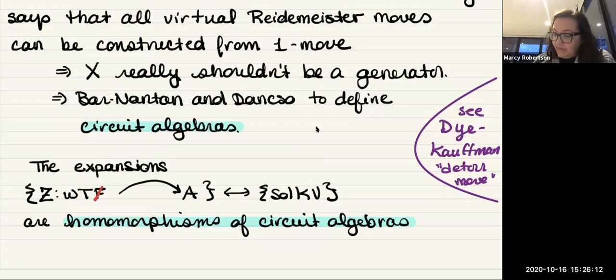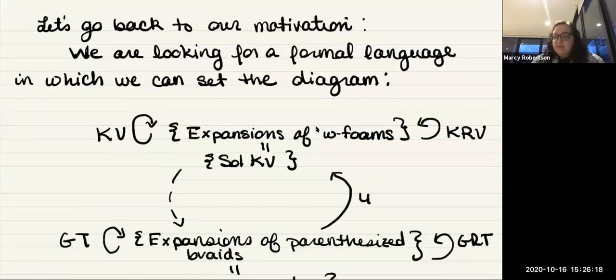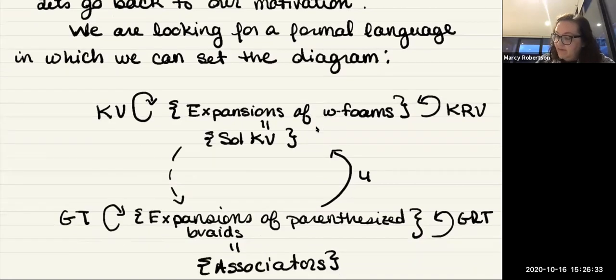Okay, so let's go back to our motivation, to replace ourselves in the talk. We're looking for a formal language in which we can set this whole diagram, where we have some groups of symmetries, KV and KRV, some expansions of parenthesized braids or Drinfeld associators, and expansions of W foams.